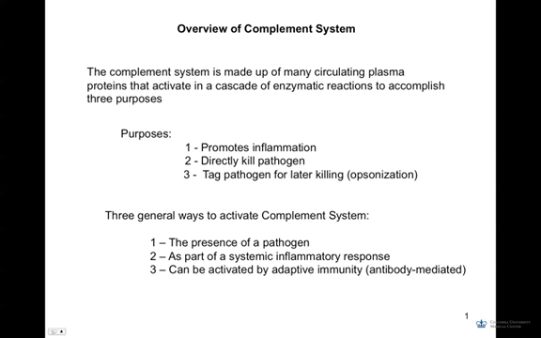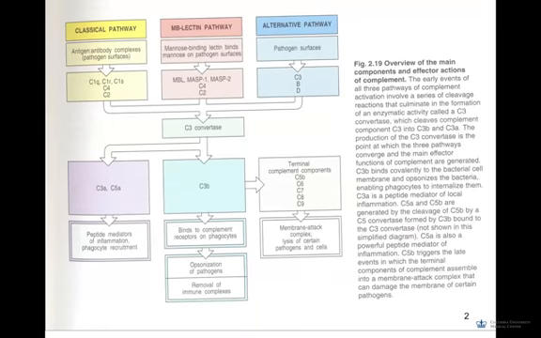Number three, complement can be activated by our adaptive immune system, specifically through the release of antibodies. Antibodies can play a role in increasing the likelihood of activating the complement system. So those are the general ways to activate complement. Let's talk about specific pathways.